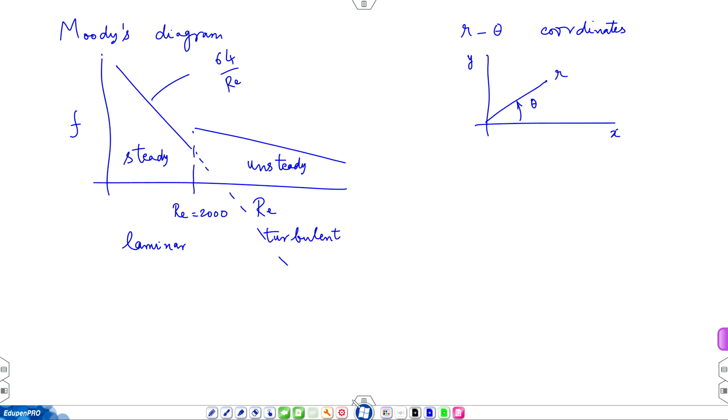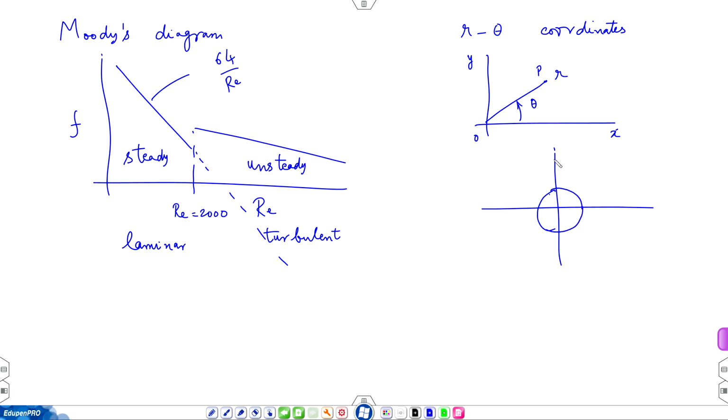So, theta is the angle made by this radius vector, you may call it OP, with the positive x axis. So, you could have a physical problem of concentric cylinders.